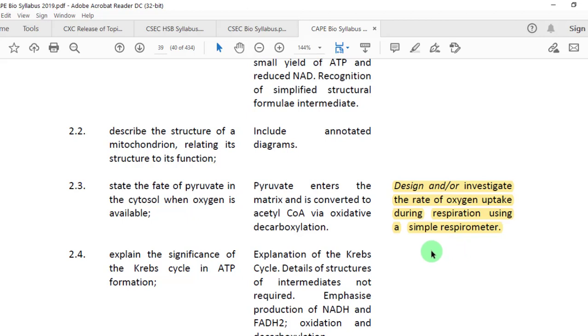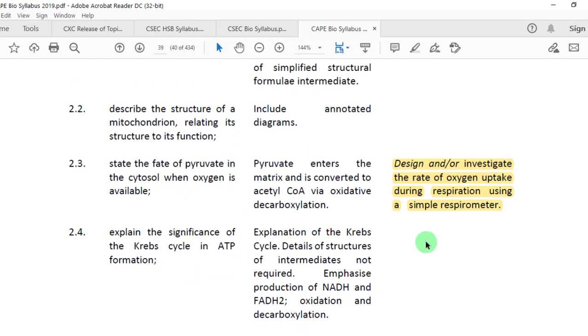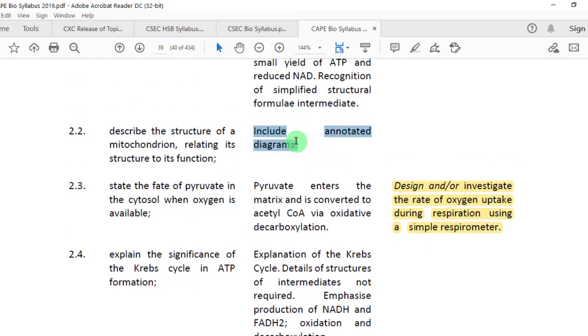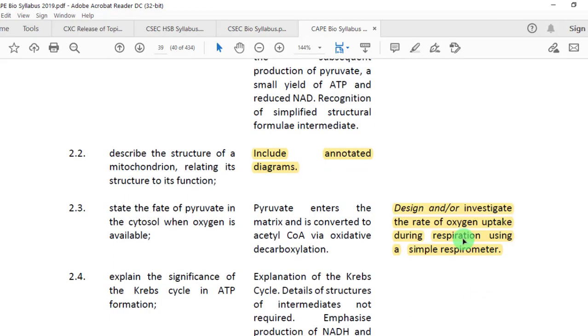Pay close attention to that. What else? Anything with diagrams, pay close attention to that. Make sure you also understand the apparatus and materials that are used. You may be asked to draw an apparatus setup. So make sure you understand that.